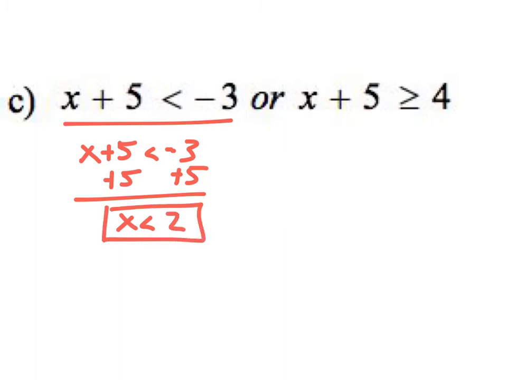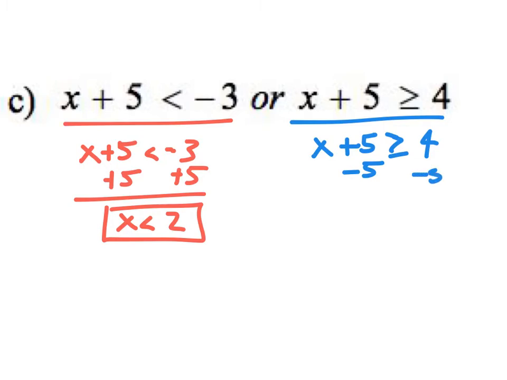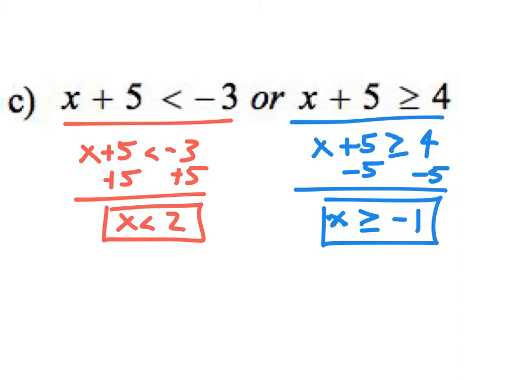There's that inequality. The other one is x plus 5 is greater than or equal to 4. So we're going to subtract the 5 from both sides, and then we're going to get that x is greater than or equal to -1.